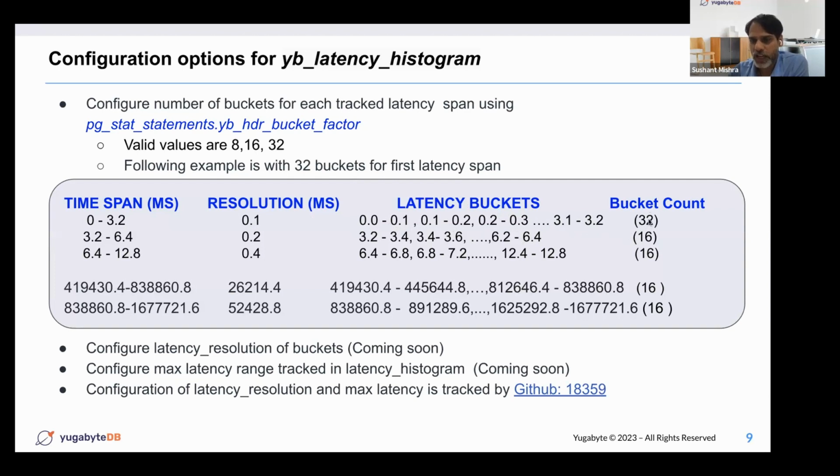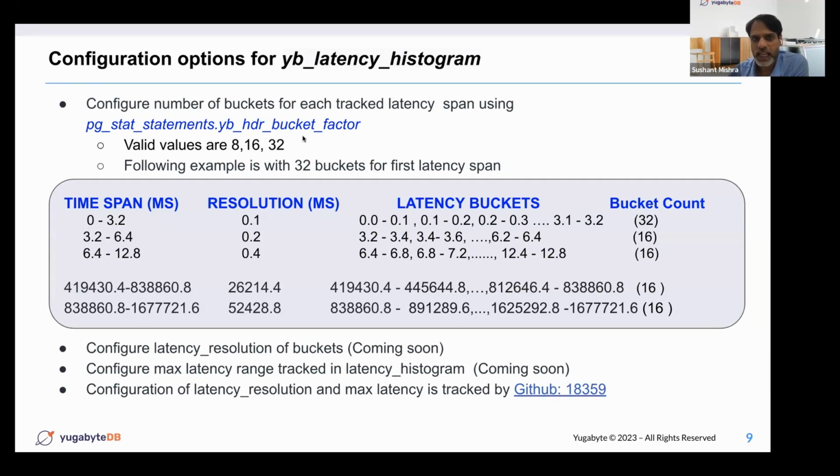But if you choose a value of 32, then your time span doubles, it goes up to 3.2. So 0 to 3.2 is tracked at a resolution of 0.1 millisecond. Basically, we just increase the range which is tracked with a resolution of 0.1 millisecond.